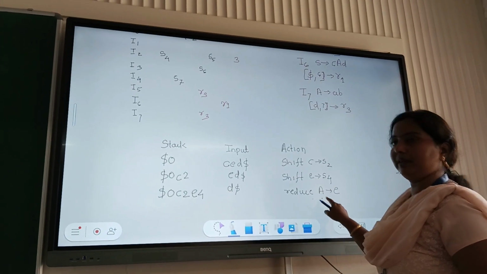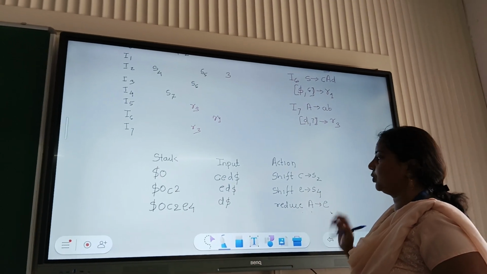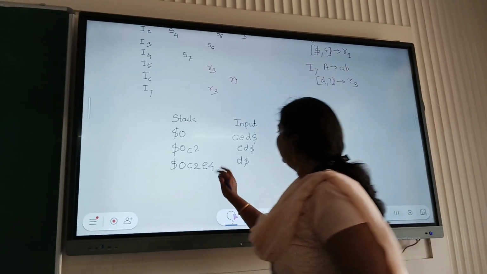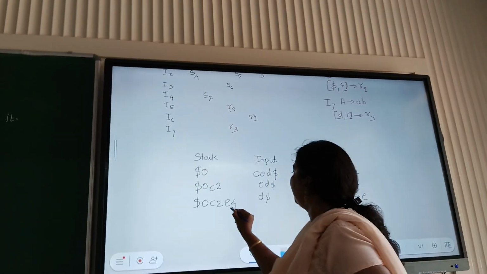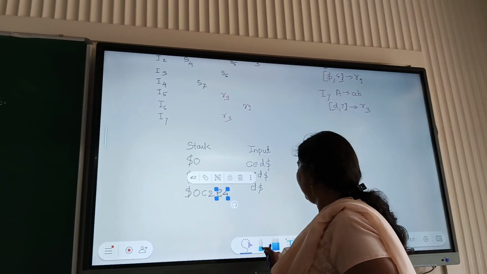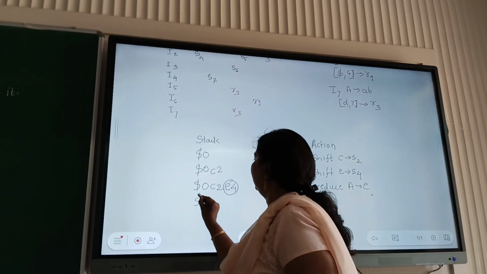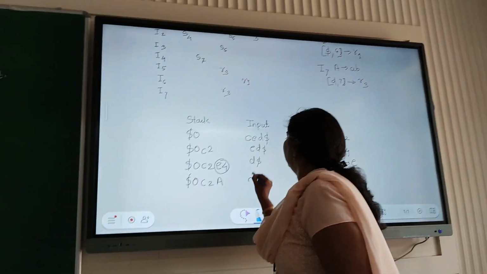Take that equation here. A belonging to E is our third equation, so you require to take that equation. Next one, this 4 to D. Reduce A means wherever E is there, what do you have to write? A. 0 C to A. B.